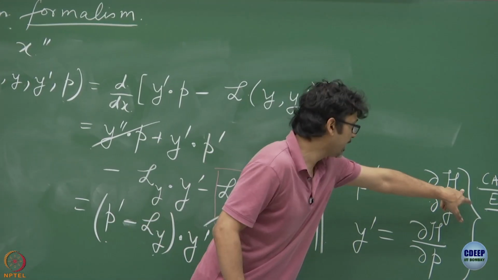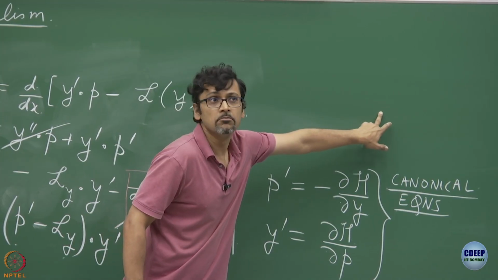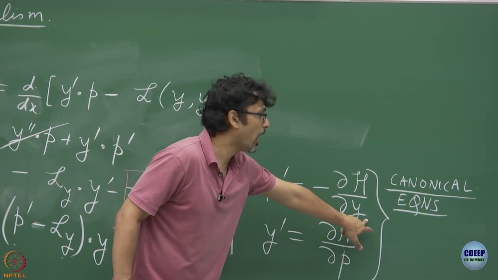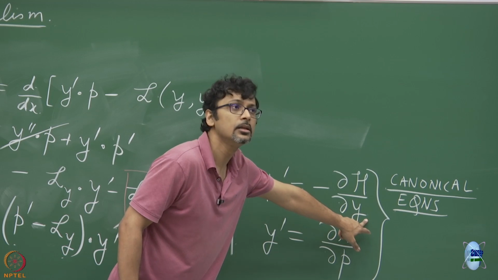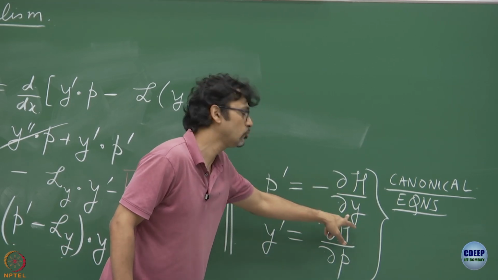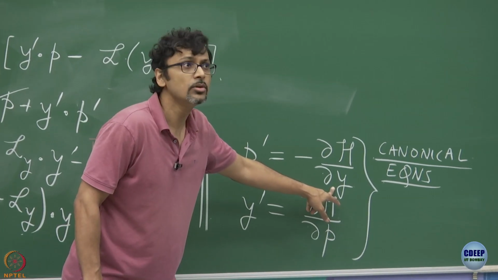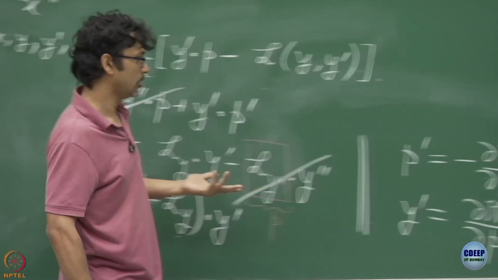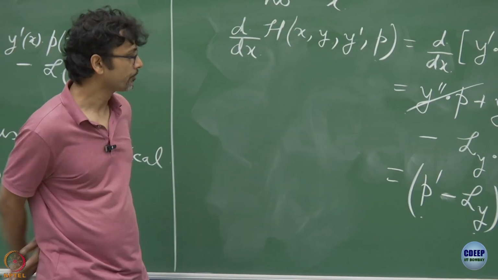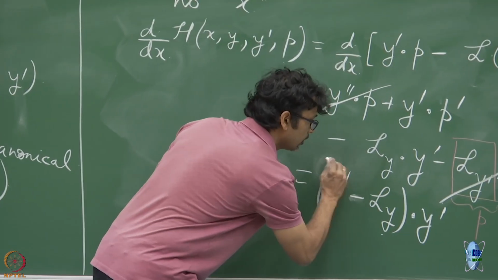The first term in H was p dot y prime, none of which depended on y, and therefore when you took the partial, it anyway gave us 0. So the partial of H with respect to y only constituted the partial of L with respect to the same. So this is also 0.